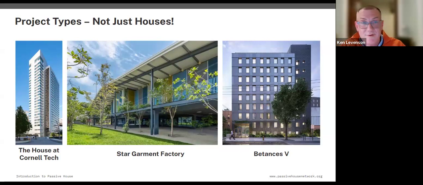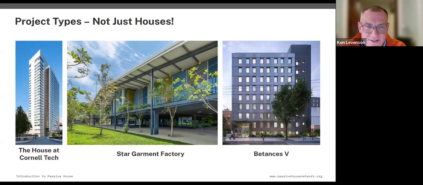You just need to build a building that hits the passive house metrics, and you've done it. It could be certified. Of course, the training, and we'll talk about this in the tools area, makes it a lot easier and more predictable.